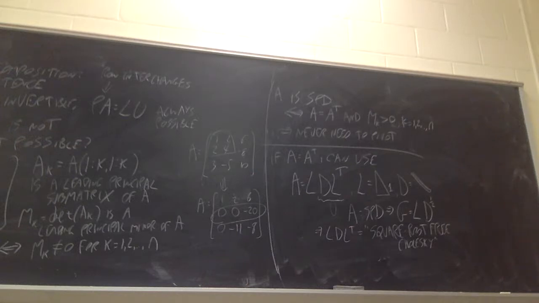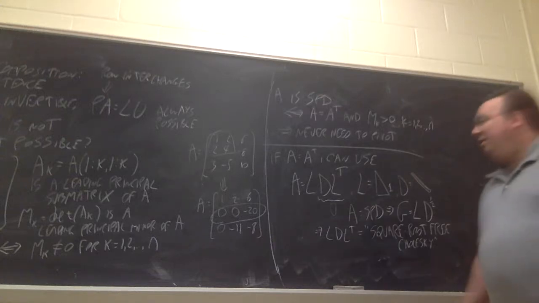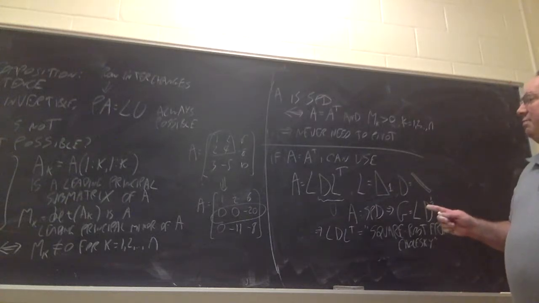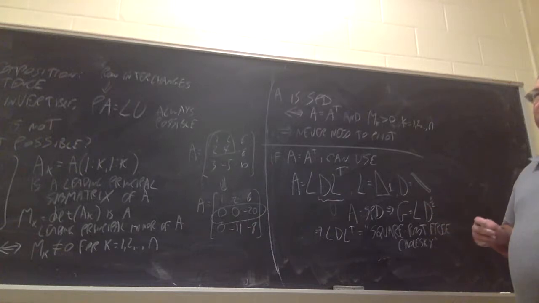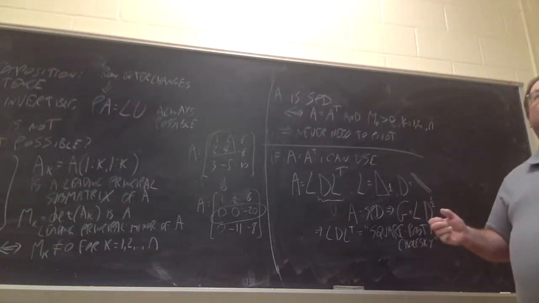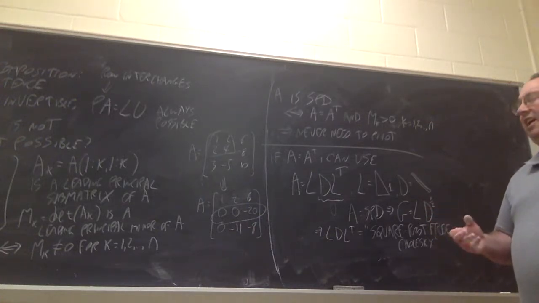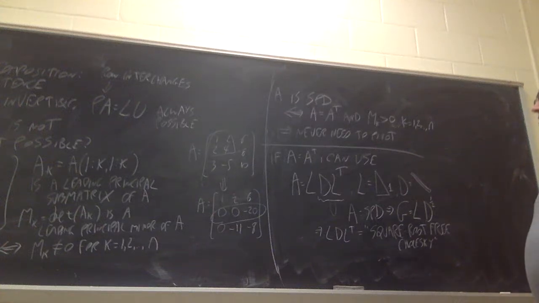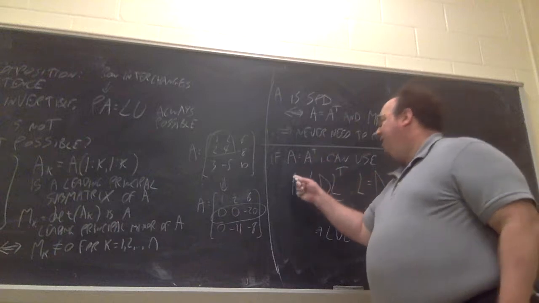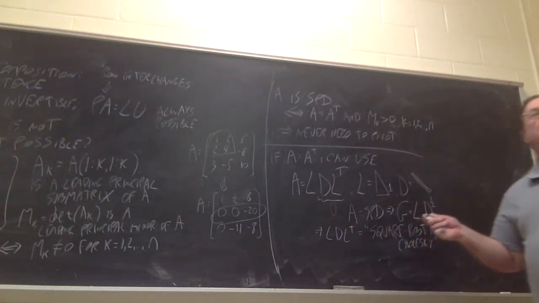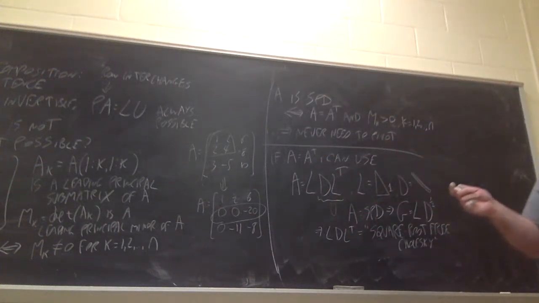So this can be used for a general symmetric matrix. It doesn't have to be positive definite. But if it's not symmetric positive definite, like if it's symmetric indefinite, with eigenvalues both positive and negative, it may be necessary to pivot after all. But if you're going to pivot, you don't want to just swap rows, because that would destroy symmetry.